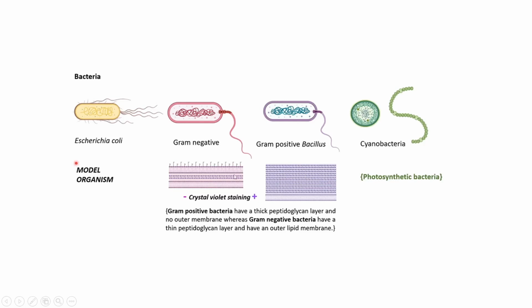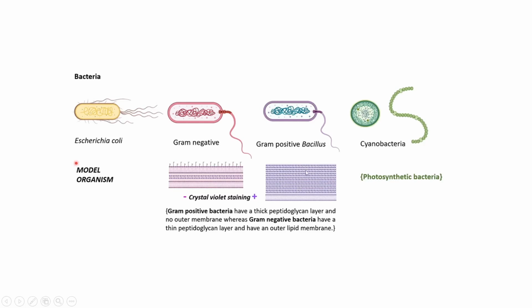If the bacteria has a thick peptidoglycan layer, it will stain that layer. So in gram-positive bacteria, the peptidoglycan layer is very thick and it doesn't have any outer membrane outside the bacterial membrane.